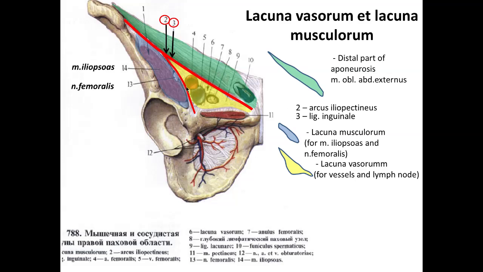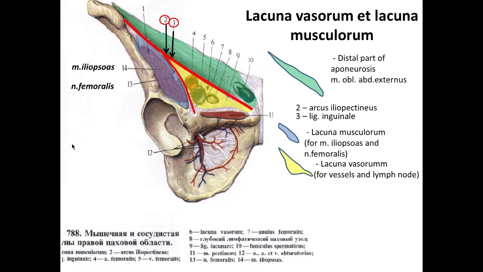More cranially, according to ligamentum inguinale, we call this vessel arteria iliaca externa, and more caudally to it, we call it arteria femoralis.